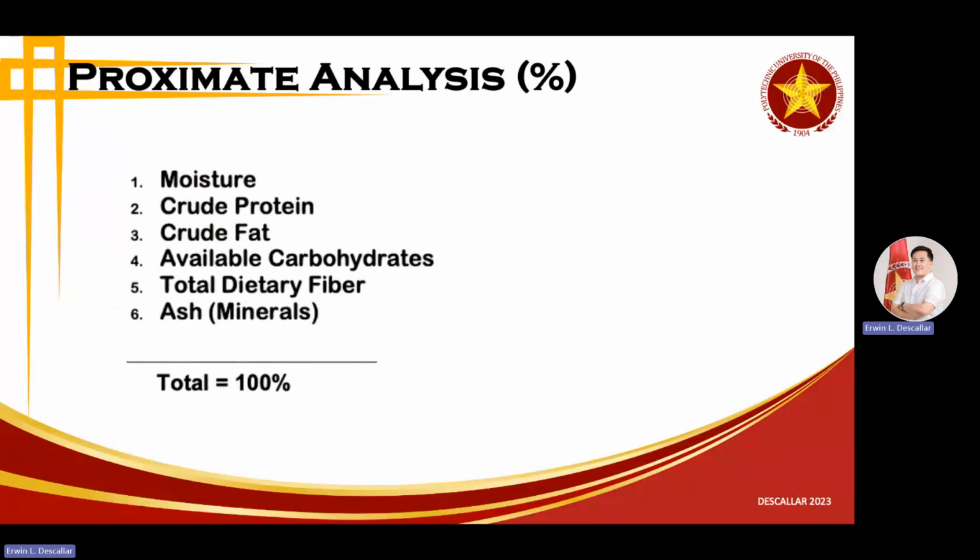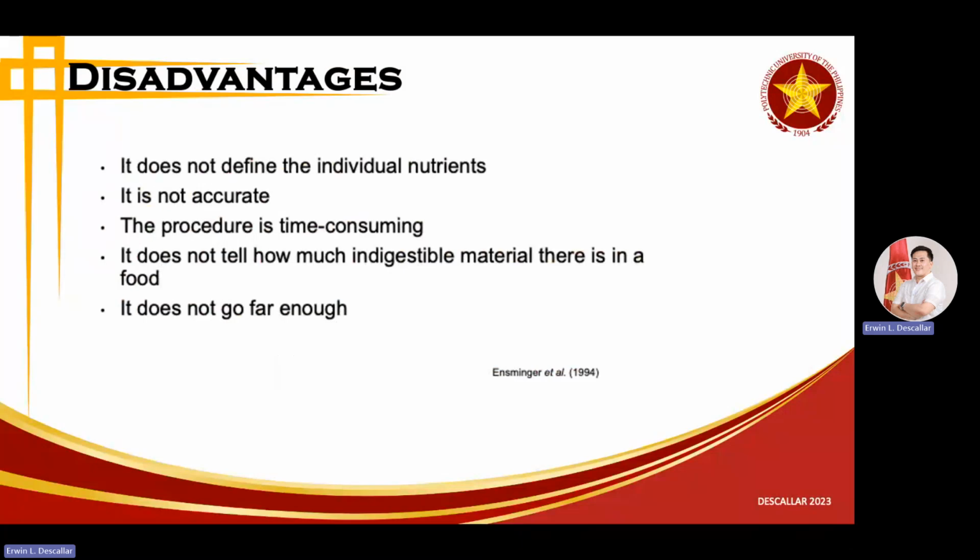The totality of these macronutrients is equivalent to 100%. So in approximation, when we total them, let's say for example, you have the moisture, but you have no crude protein, but you have the data for crude fat, carbohydrates, dietary fiber, and the ash, then you can simply calculate the approximate protein content of that particular food sample. You can manipulate it that way.